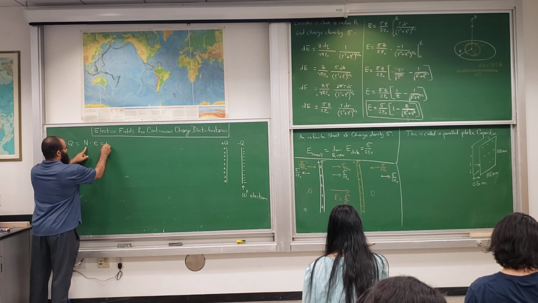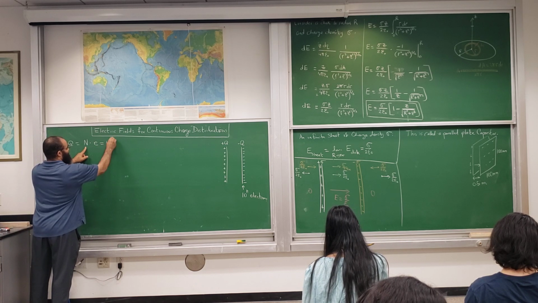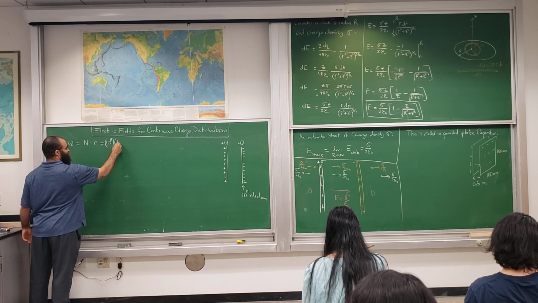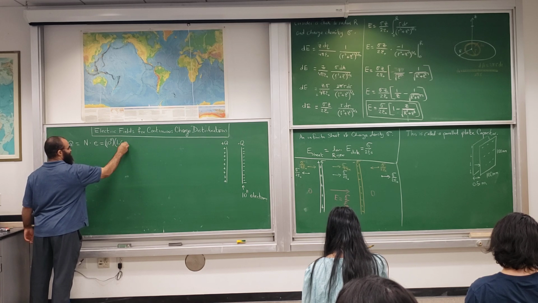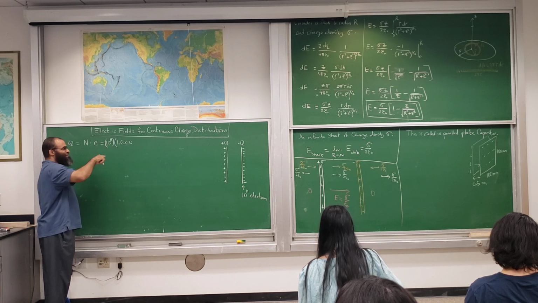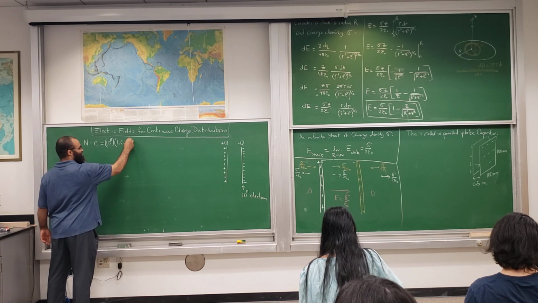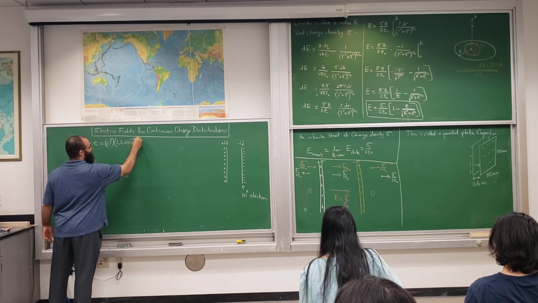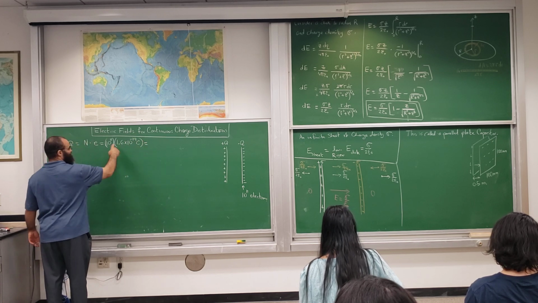So capital N is the number I removed, and E is the charge of one electron or proton. What's the magnitude? 1.602 times 10 to the minus 19 coulombs. C for coulombs.